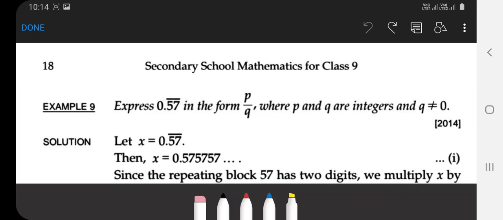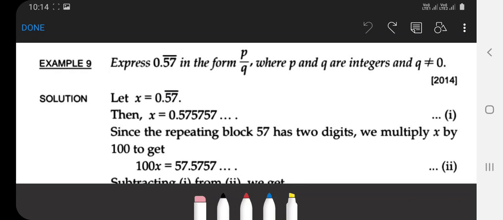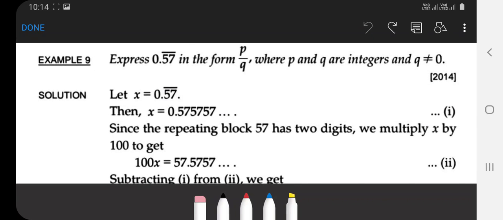In this question the bar is put over 2 digits. Similarly do all the steps, but here is a little bit of change. Bar is above 2 digits, so this time you multiply not with 10, multiply with 100. And the third step is subtracting equation 1 from equation 2, you get the result.